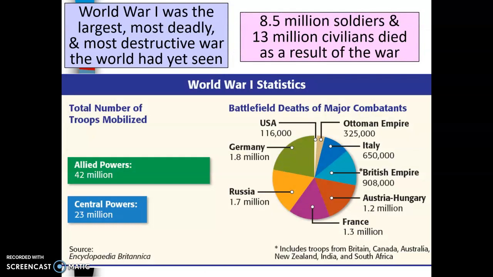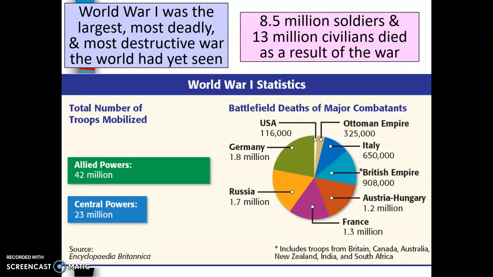Of course, World War I ends as a really horrifically destructive war. You can see some of the battlefield death numbers. If you look at France, for example, if you look at Russia, which took the Eastern Front, in Germany as well, really, really horrific casualty rates in terms of loss of life.